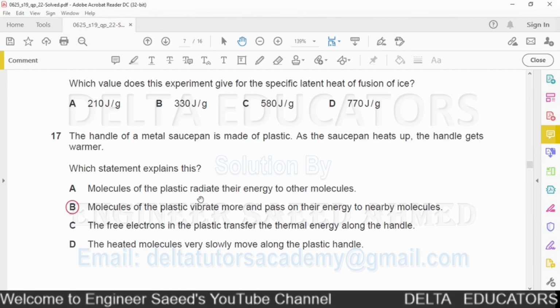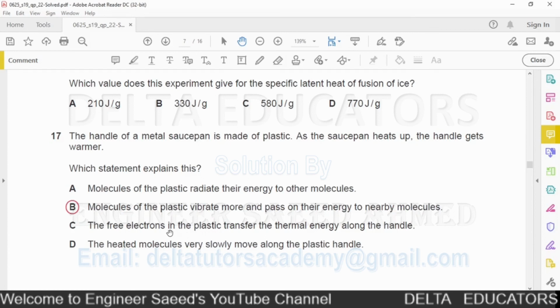Option B. Molecules of the plastic vibrate more and pass their energy to nearby molecules. Yes, it is the correct option, because plastic is a solid and in solids the energy is transferred because of the vibration of the molecules. Option C. The free electrons in the plastic. In plastic there is no free electron. Plastic is a bad conductor of electricity, so option C is incorrect.